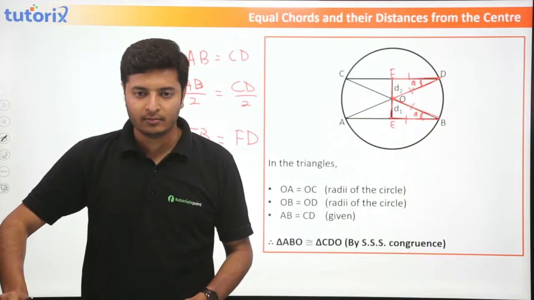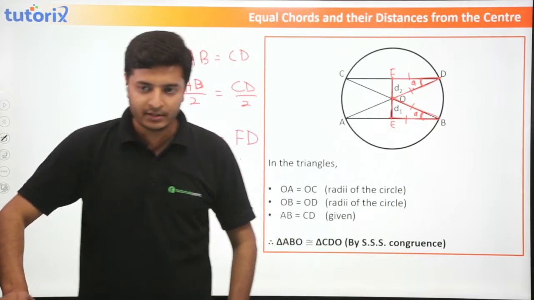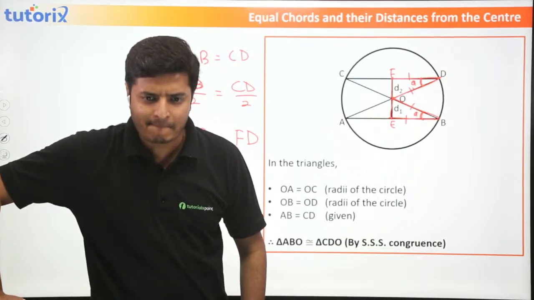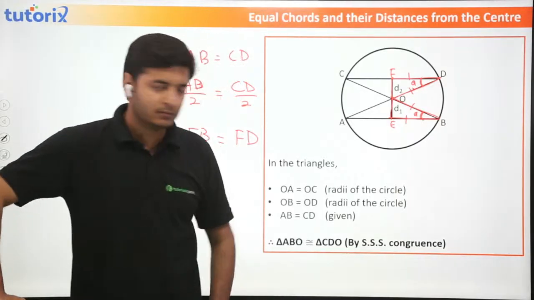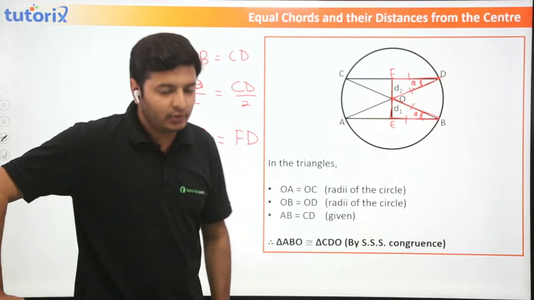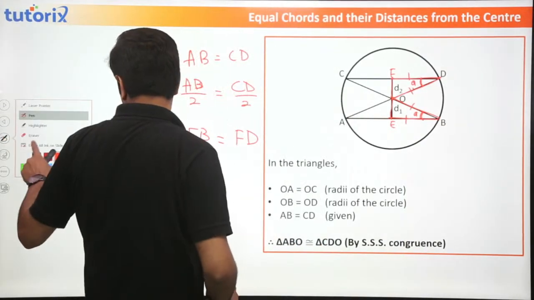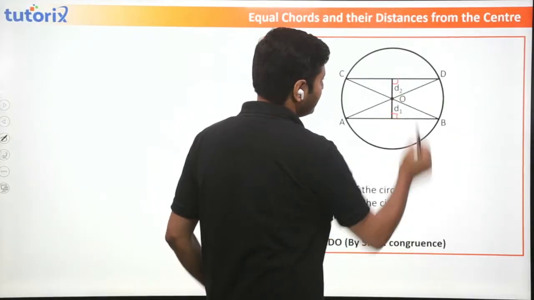Sir, we can also, no, wait, we can't. I thought of the right angle because of RHS, but no, the height we didn't find yet. But we know one thing. See, if you want, you can use RHS also. Very good. How? See, this is perpendicular and this is also perpendicular.